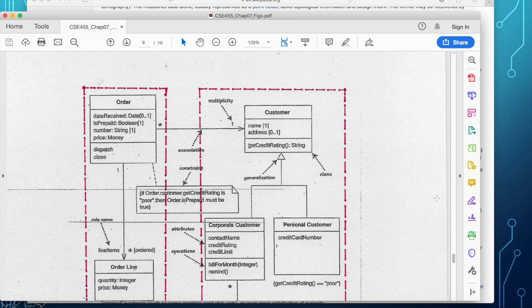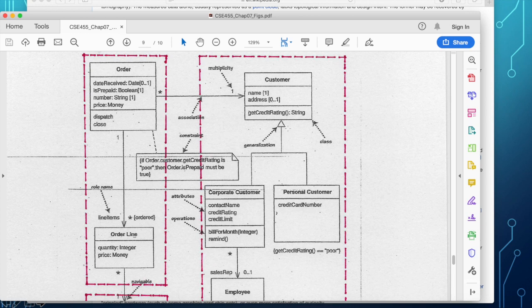And what does it mean? Strong cohesion means the relationships among classes in that boundary are strong, like this, for instance. The customer, corporate customer, personal customer are all related to each other by subclass or inheritance relation.